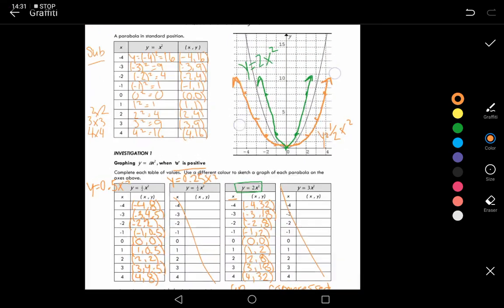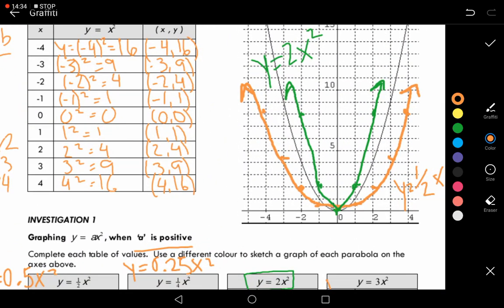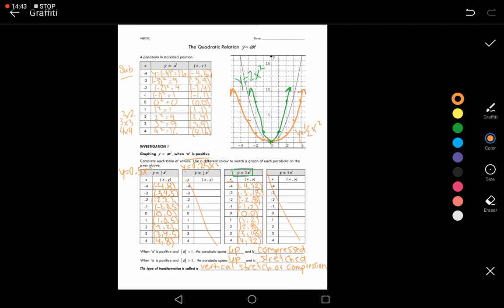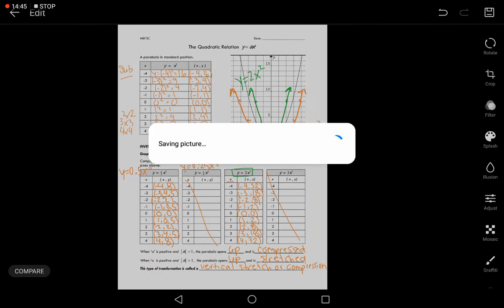Okay, and we are able to visualize that. So you can see that we've pulled our green graph up, it's appearing skinnier, and we've pushed our orange graph out to the side and it is appearing wider. Okay, so that's the first half of the note.